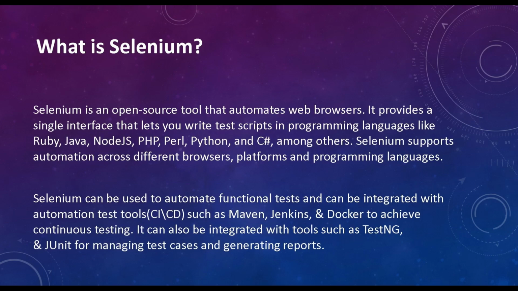But to get more customized reports and to follow standard coding, we can go for frameworks like TestNG, JUnit, or Robot Framework. Different kinds of frameworks are available to configure with Selenium to create a customized and standard project.